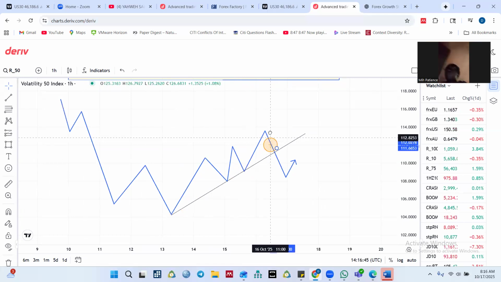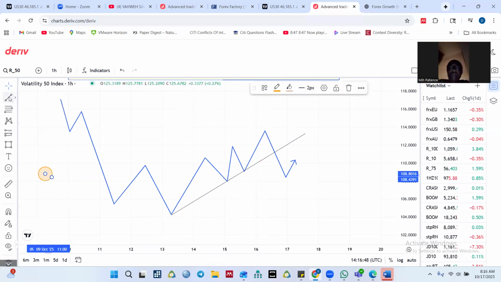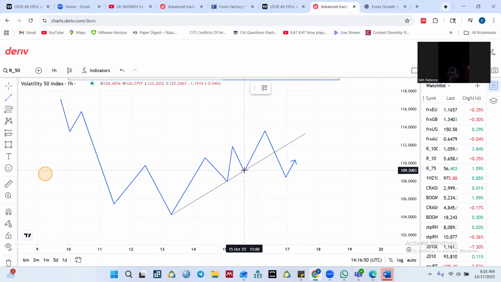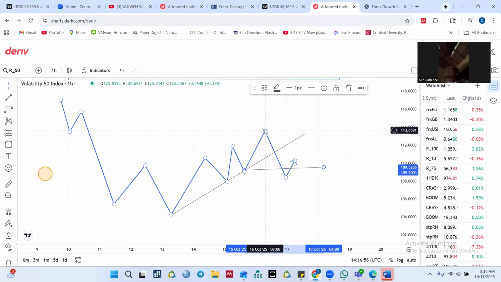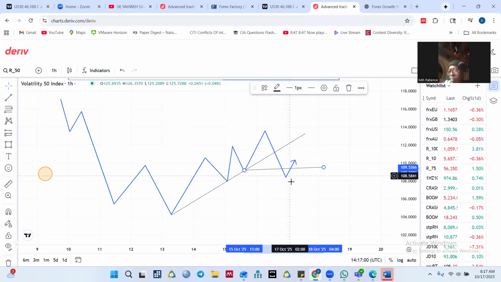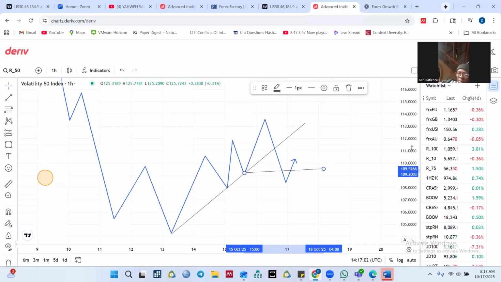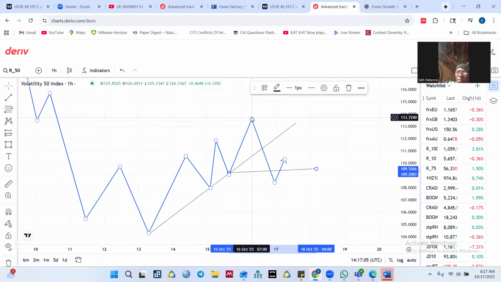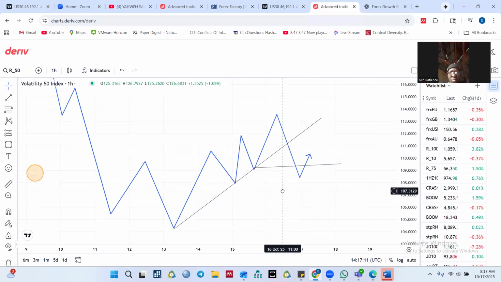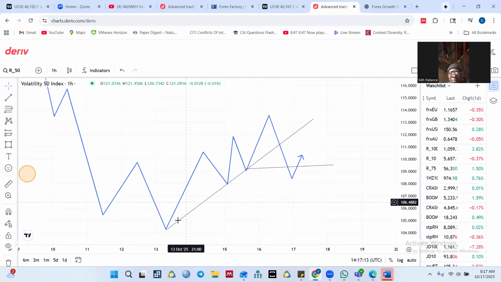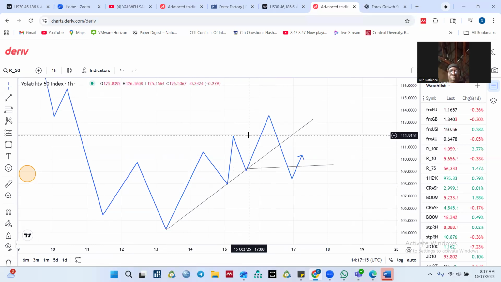When the last lower high, which is this point, has been violated. When price moves from up here and takes this out, then we can say price is trying to break to the downside or change to a different direction from the initial uptrend.